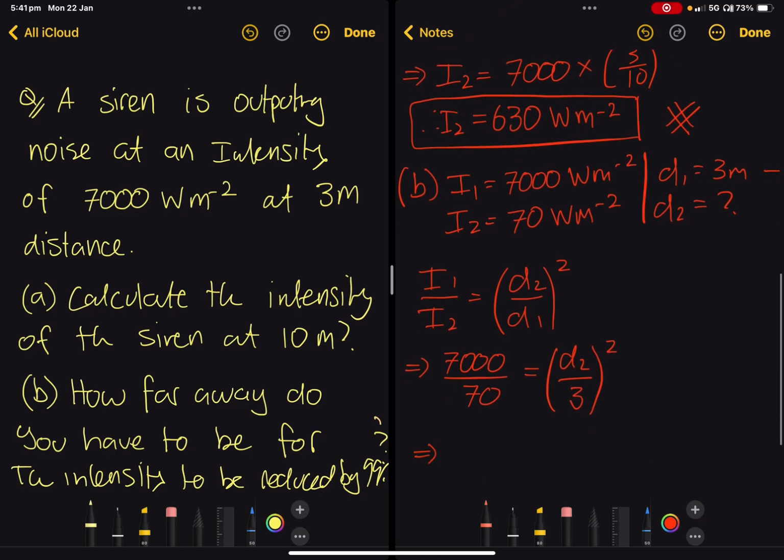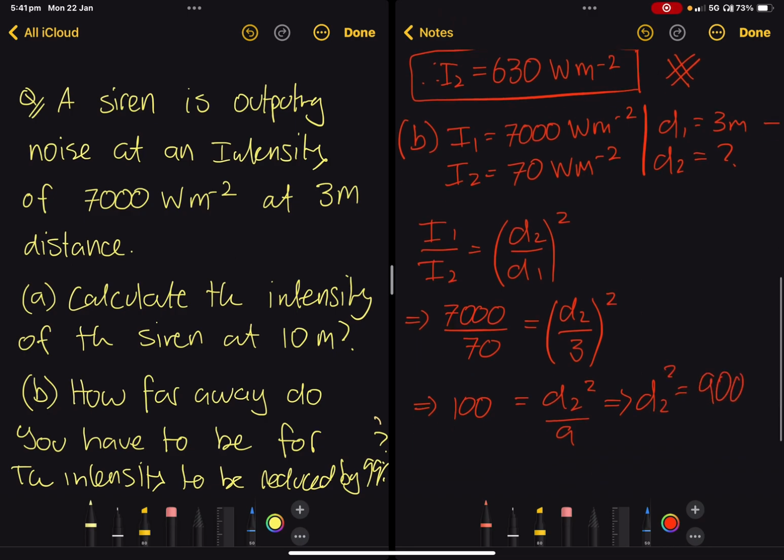So this gives us 7,000 over 70, which is 700 over 7, which is 100. This is equal to d2 squared over 9. This implies that d2 squared is equal to 9 times 100, which is 900.